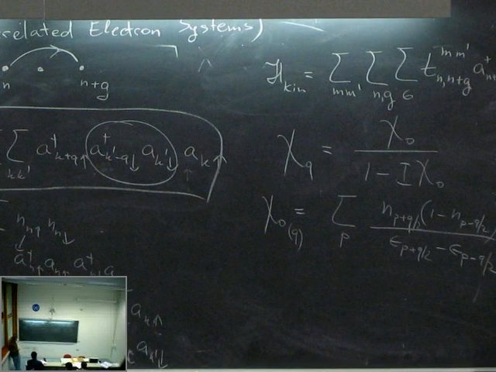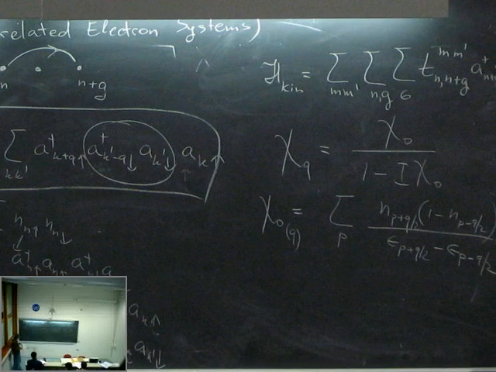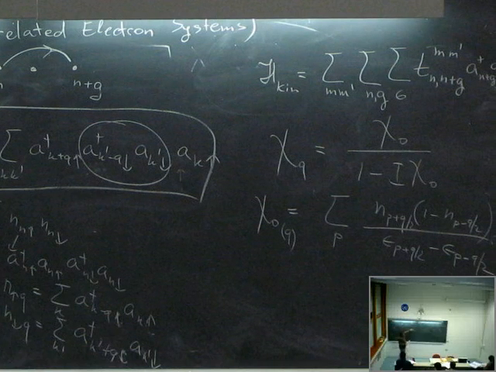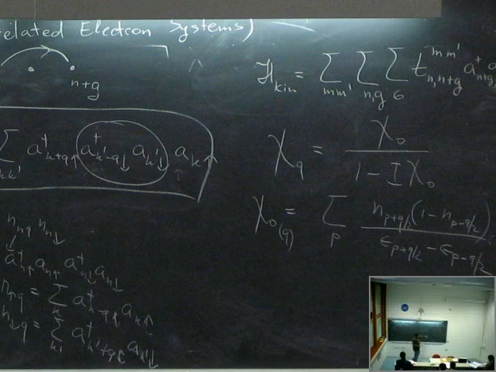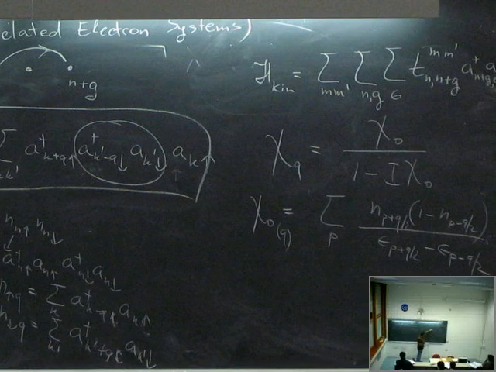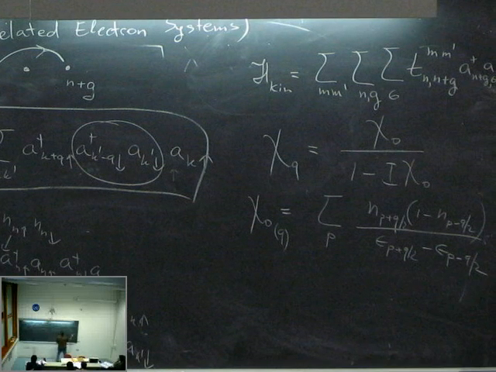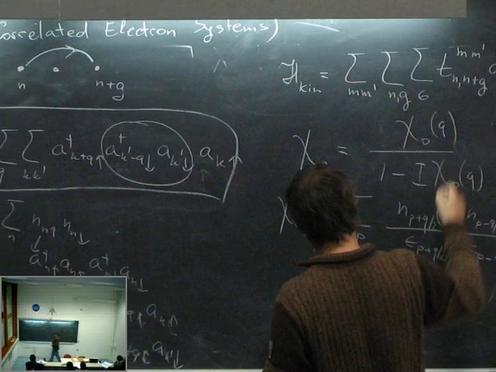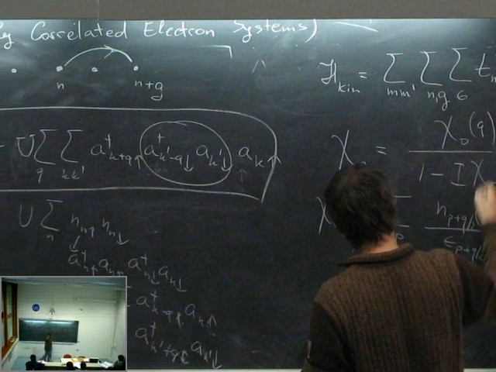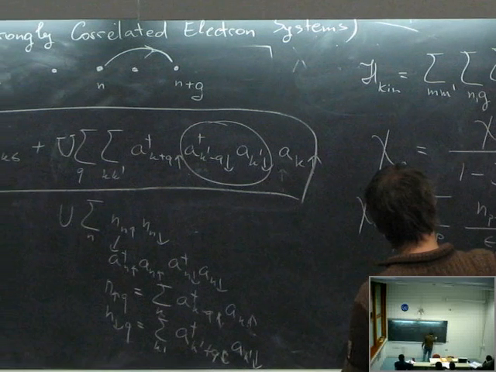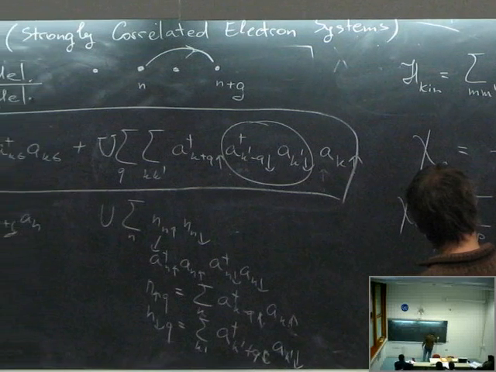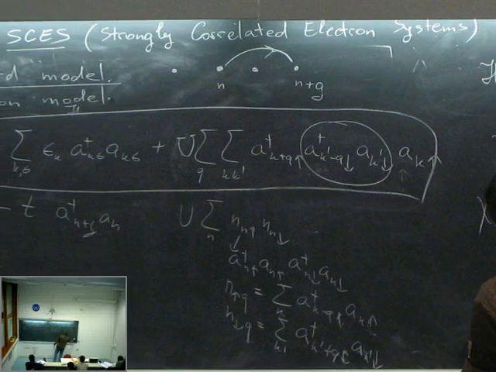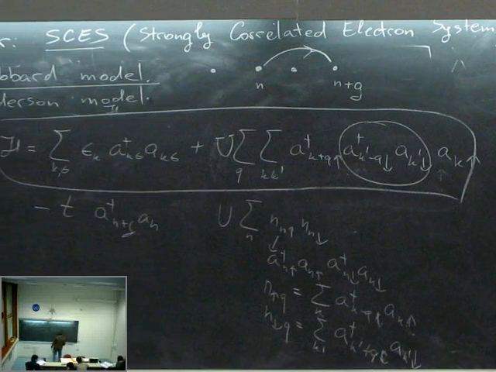So what I'm saying is that, being back to the Hubbard model and writing in the momentum space, I can also go back to the expression for susceptibility defined through the Lindhard function.